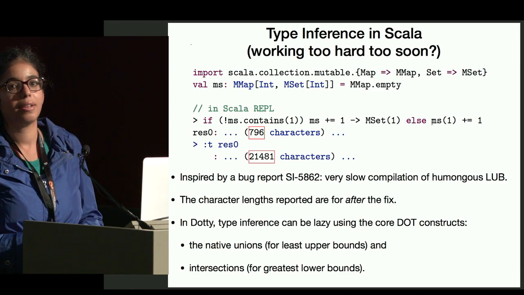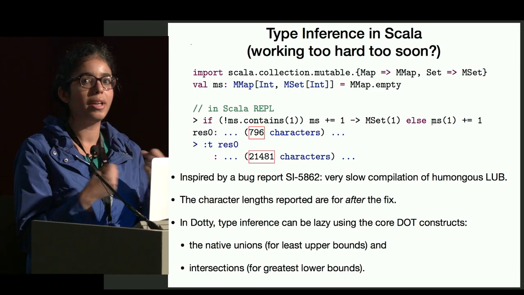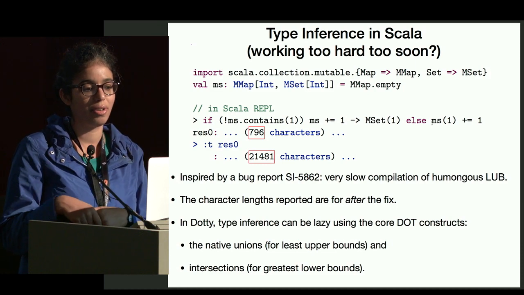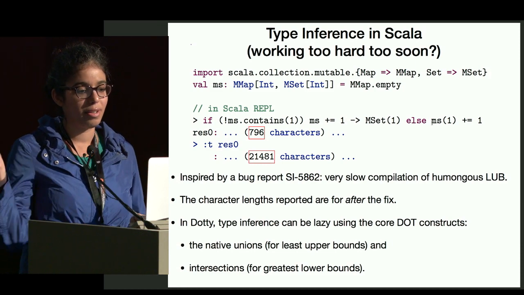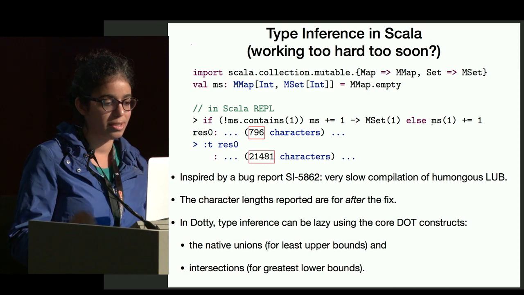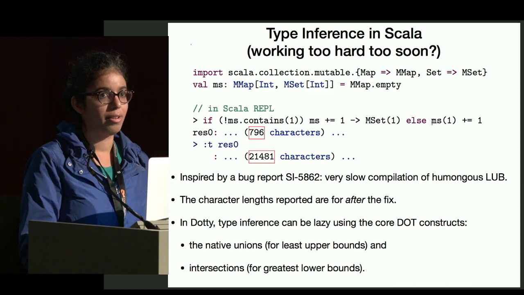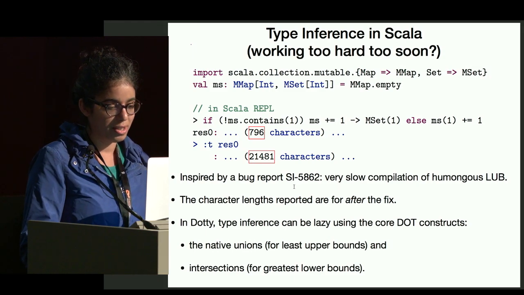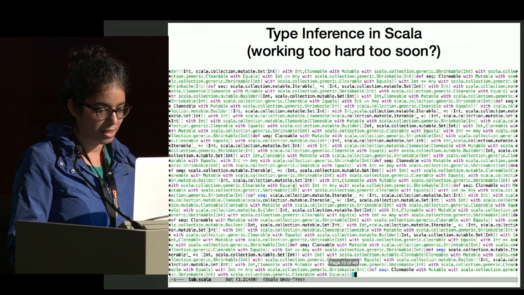And so the Scala type inference is working really hard to try to find what is common between the signature of a mutable set and a mutable map. And so it creates this gigantic common type. And this is why you can get something like this.